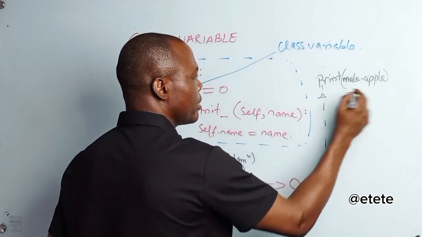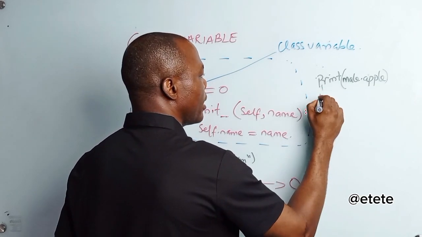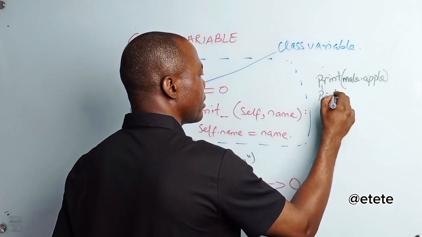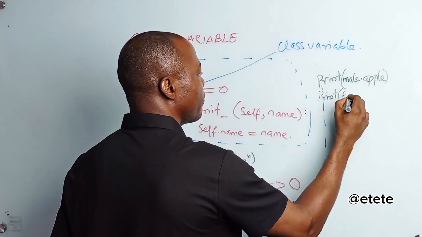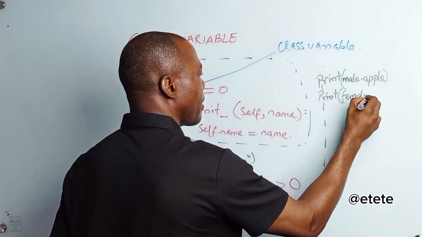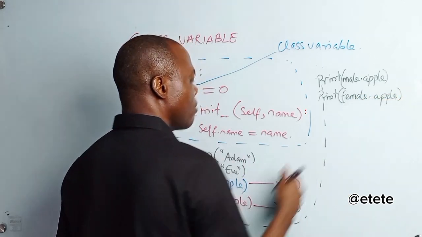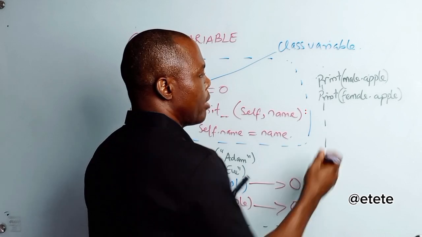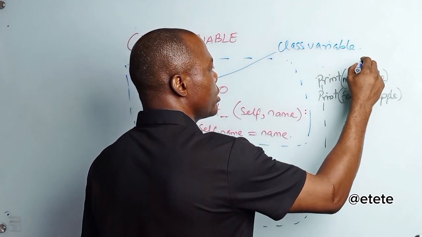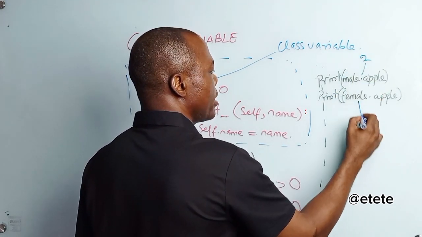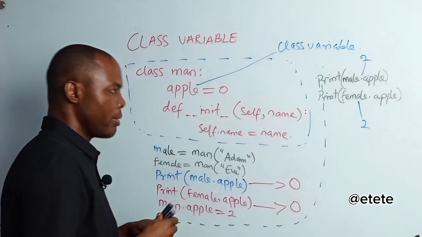What would this one give me? And I say print female.apple. What will it give me? Now, this will give me 2, and this will give me 2, right?